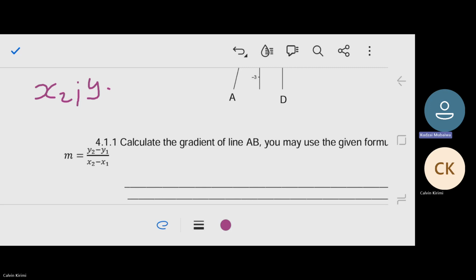I'm done. What is the gradient? 4. Gradient is 4.